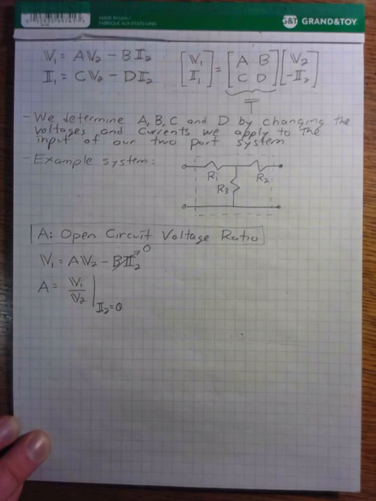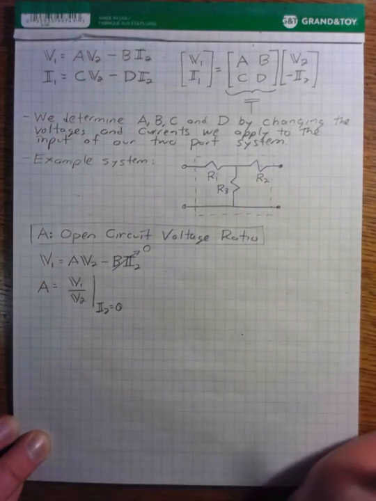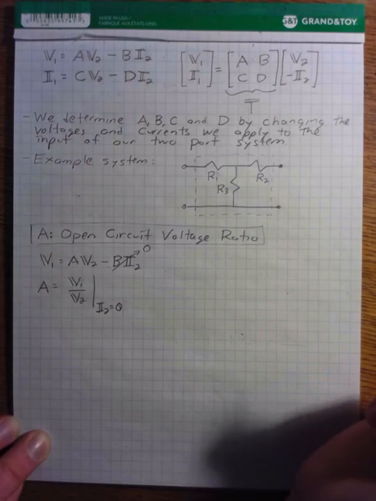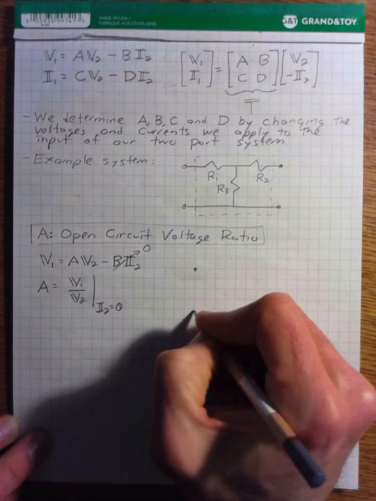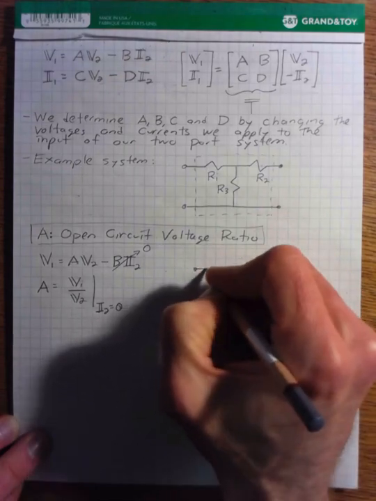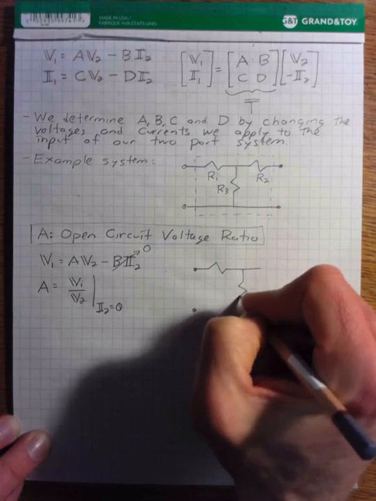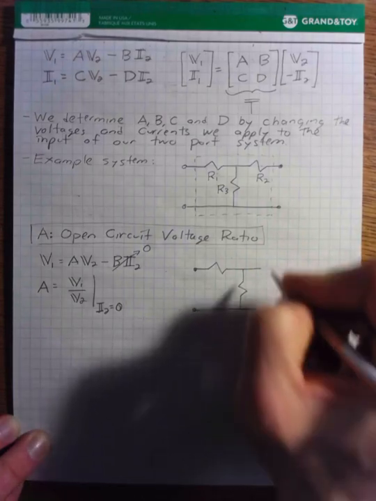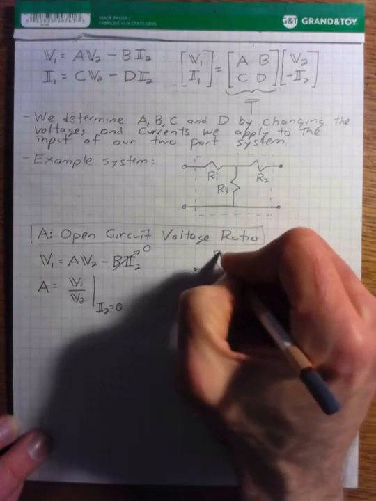And how do we make sure that I2 is equal to 0? Well, we'll just set up our network so that the output port is an open circuit, right? If it's an open circuit, then current can't flow. And so let's draw that. So here's our two-port network that we're characterizing. We want to solve for the value of A for this particular two-port network.